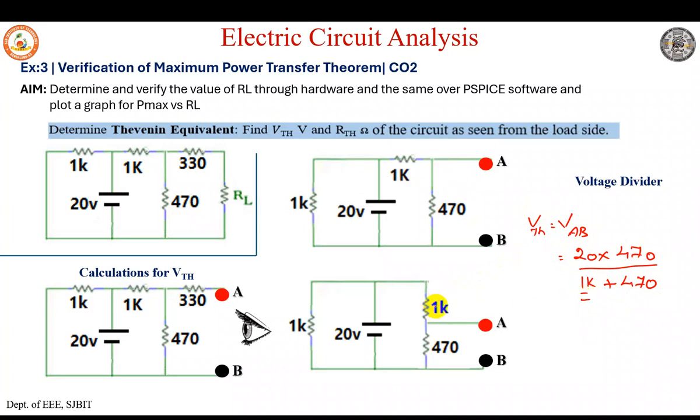So this 1K is the resistance we have taken into consideration, not this one, as the voltage across this 1K is nothing but 20 volts, as they appear in parallel. The same 20 volts also appears across these two. Thus for this loop, when we apply the voltage divider, we get the answer as 6.394 volts. So this is VTH, or the open circuit voltage across the load element, that is VTH or VAB.